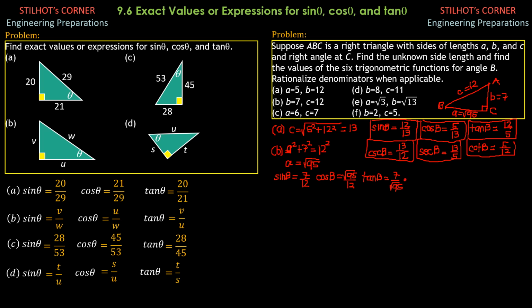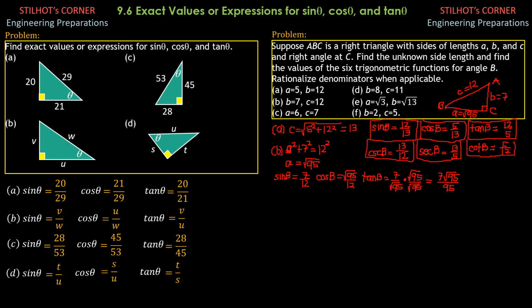Since we're going to rationalize the denominator, we multiply and divide by square root of 95 over square root of 95. So tangent of B is 7 square root of 95 divided by 95.